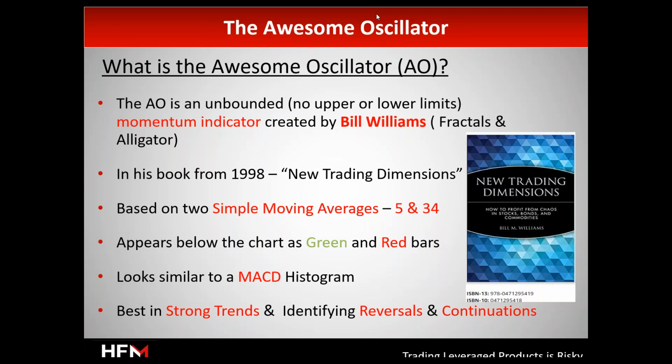As I said, it's a non-limiting oscillator. What does it show? It shows whether we have strength or weakness of an asset. So it shows momentum, and that's how it's used.